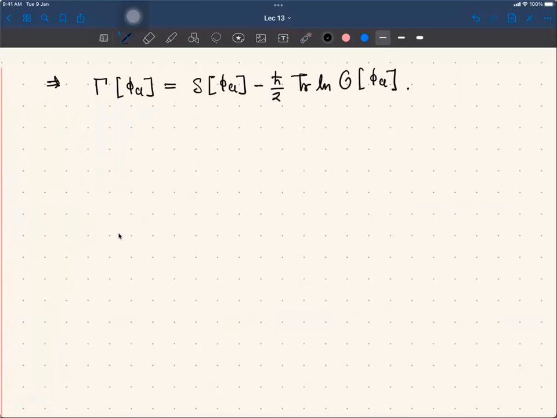That's the result. Now this trace log O, which we wrote by replacing the determinant of O, and the determinant of O was obtained by formally using the Gaussian integral result for countable degrees of freedom. So let us have a look at how we could manipulate this part.